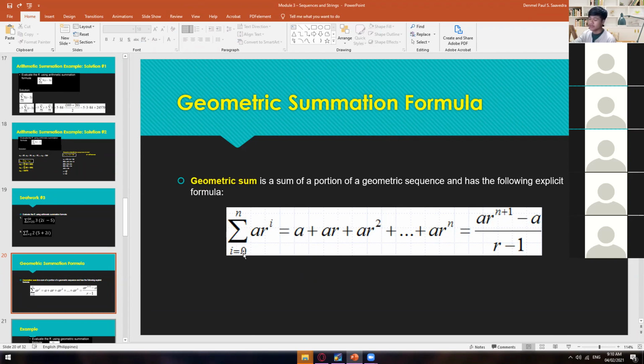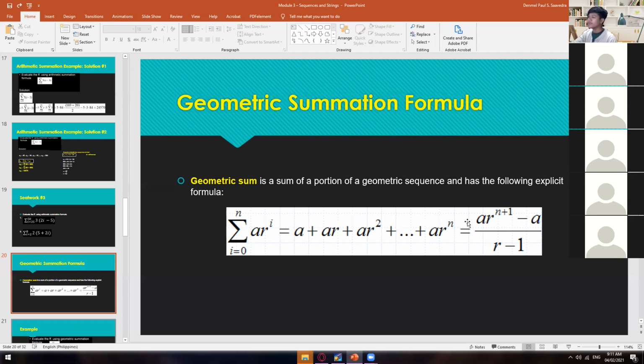Just substitute it here to get the first term. Any number raised to 0 is equal to 1, so a times 1 is a. The next one is i equals 1, so r raised to 1 is r. Just add as it is: a times r plus a r raised to 2, and so on and so forth up to r raised to n.